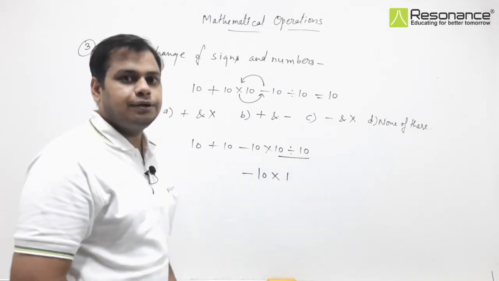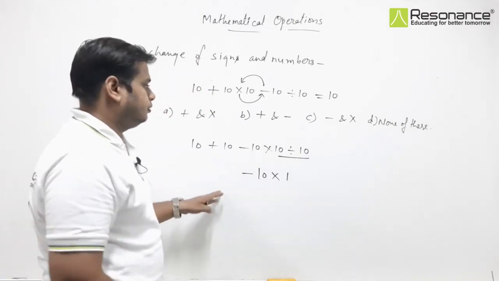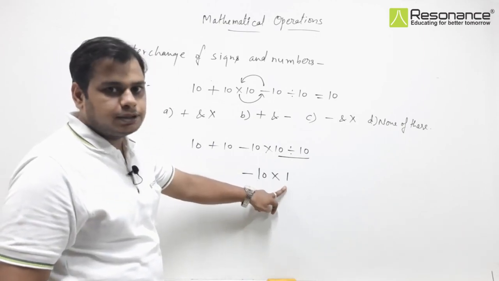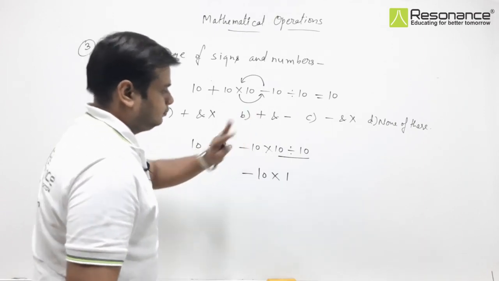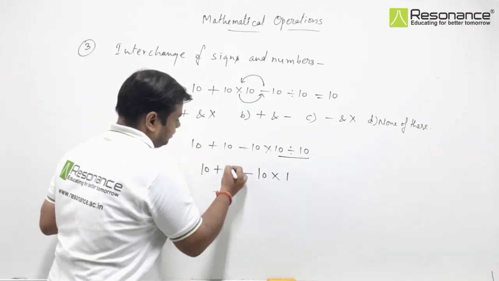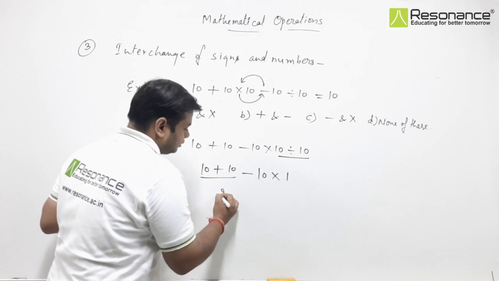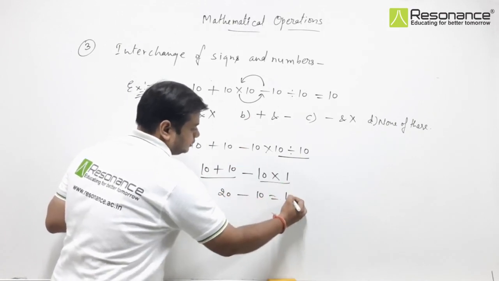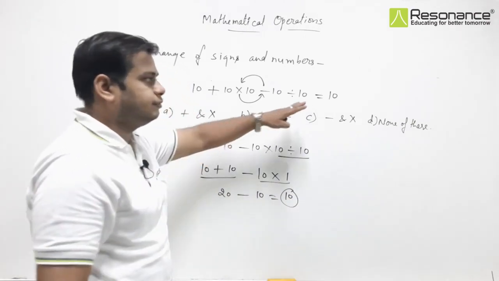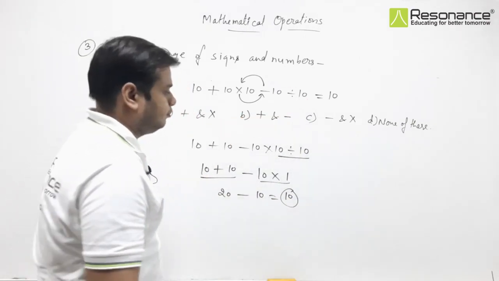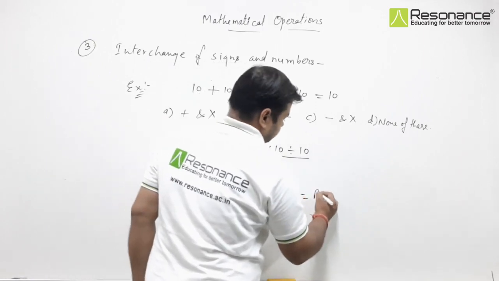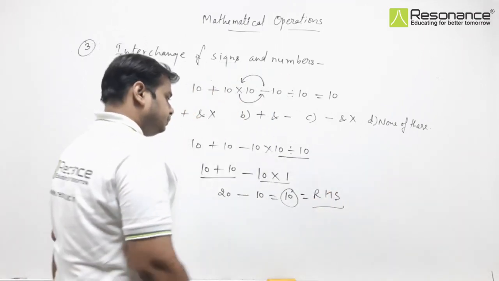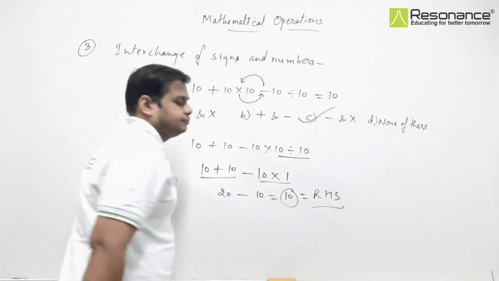So the number reduces very small. Multiplication will not give us a larger number, so 10 plus 10 is 20, and 10 multiplied by 10 divided by 10 is 10, 20 minus 10 is 10, which is written equal to 10. So option C is the correct answer.